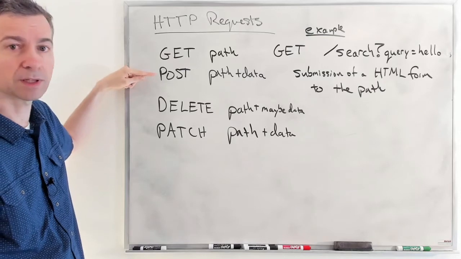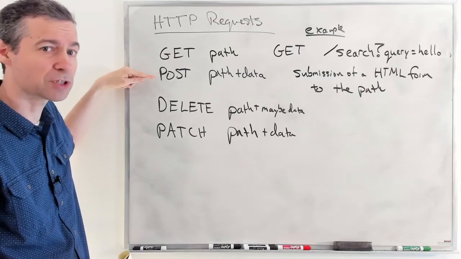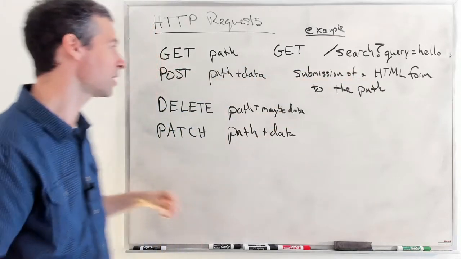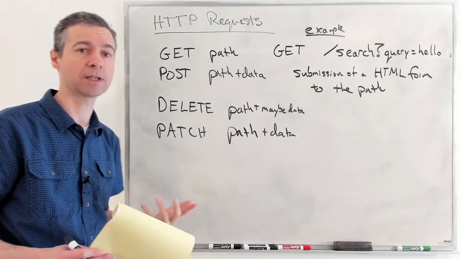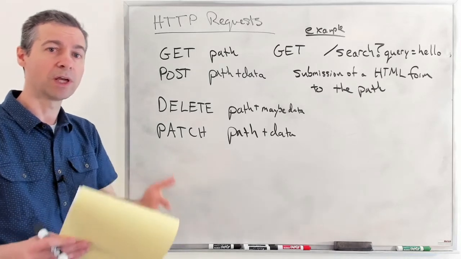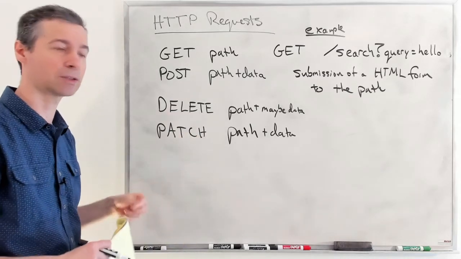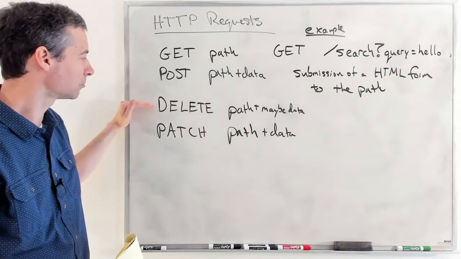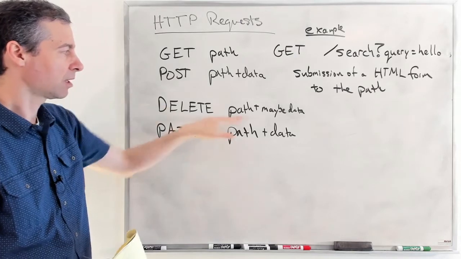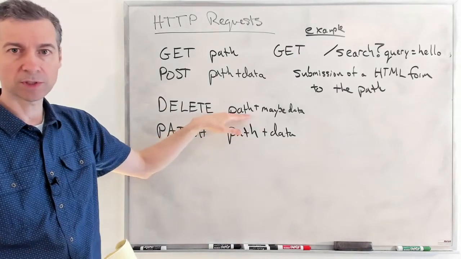Usually that's the case, but it doesn't always have to be a creation. No matter what, it's definitely a submission of data to us, and then we could process that data in some way. Maybe we save it to the database, maybe we just use it to compute something to return back to the user.